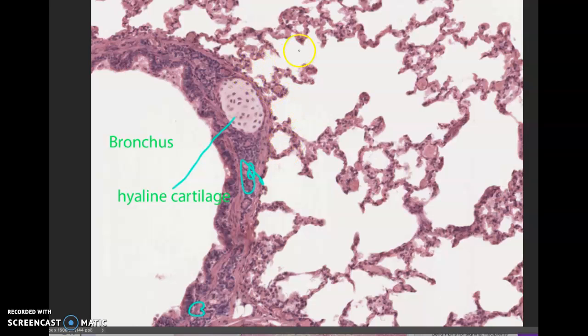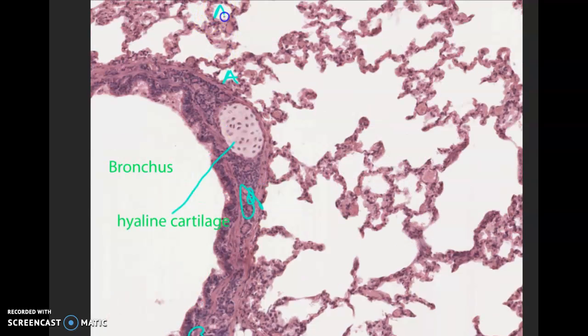So when you label the rest, this would be an alveolar sac. This would be an alveolar sac. That is a capillary, because I could see the blood in there. Again, I'm not convinced that's a capillary, so just say blood vessel. So those are blood vessels.